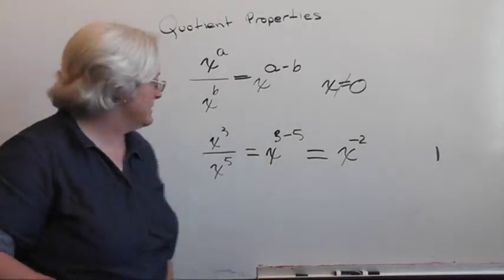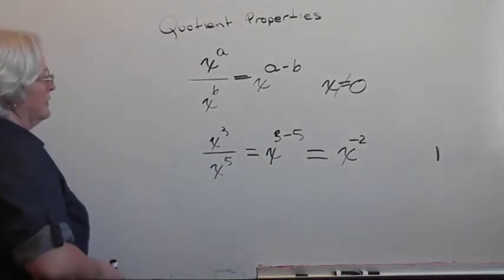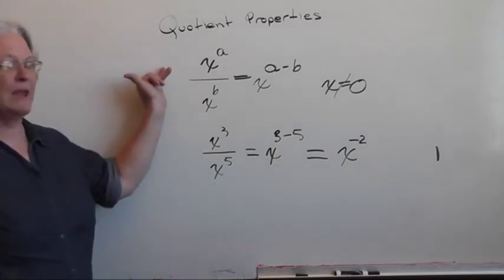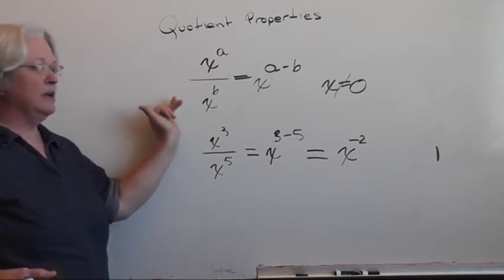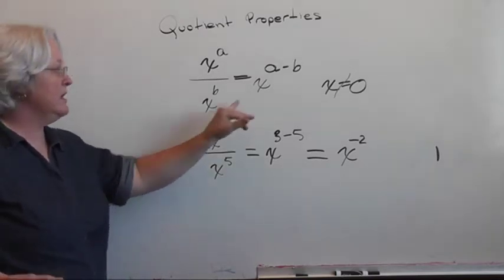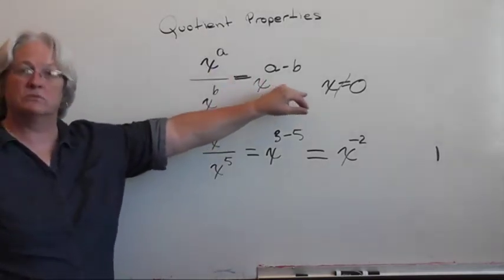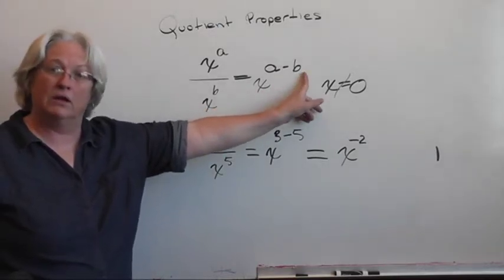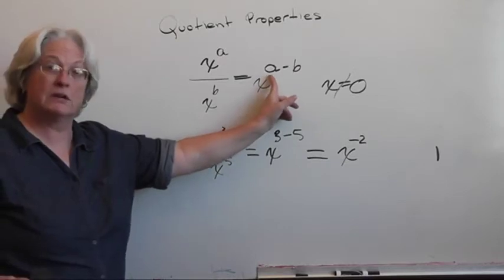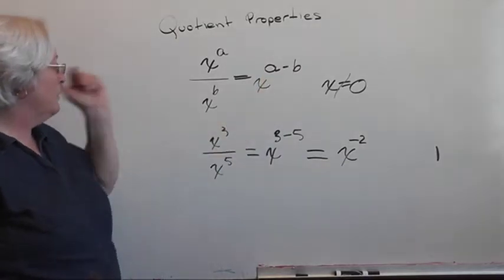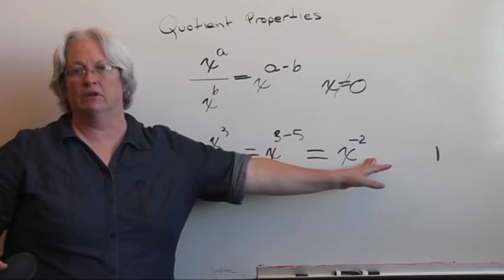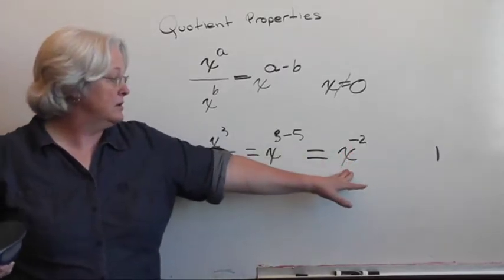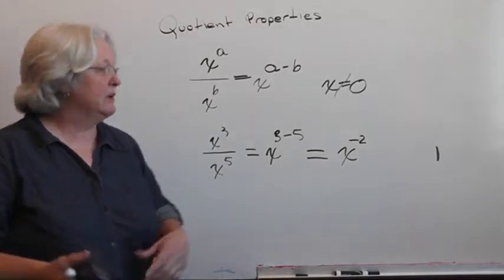So let's think about this a little more. Okay, we use the rule that we have up here. x to the a divided by x to the b, no matter what it is, you keep the base, you subtract the exponents. The exponent in the denominator is subtracted from the exponent in the numerator. Well, we did that down here, and that gave us a negative number. And now we don't know how to use x as a factor negative 2 times.